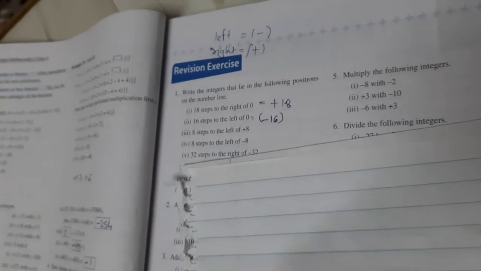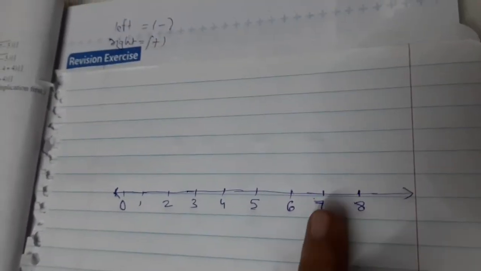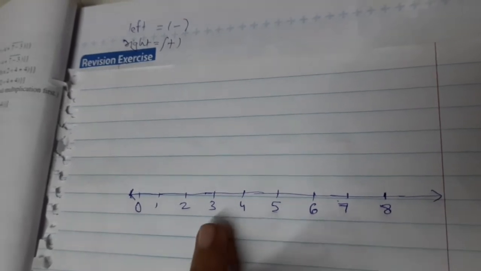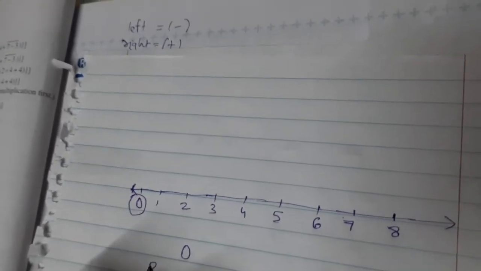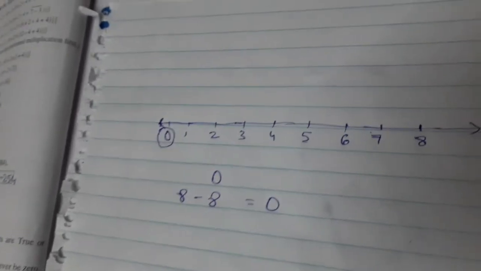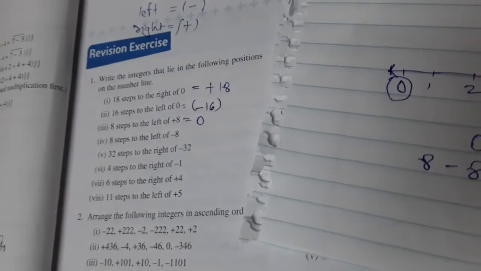Now how many steps do we have to go? We have to go 8 steps. So let us start: 1, 2, 3, 4, 5, 6, 7 and 8. So what did we get? We got 0. And how did we get that? 8 was our initial point and we have to go left, which means minus 8. So 8 minus 8 means 0. Understood? So your answer will be 0.